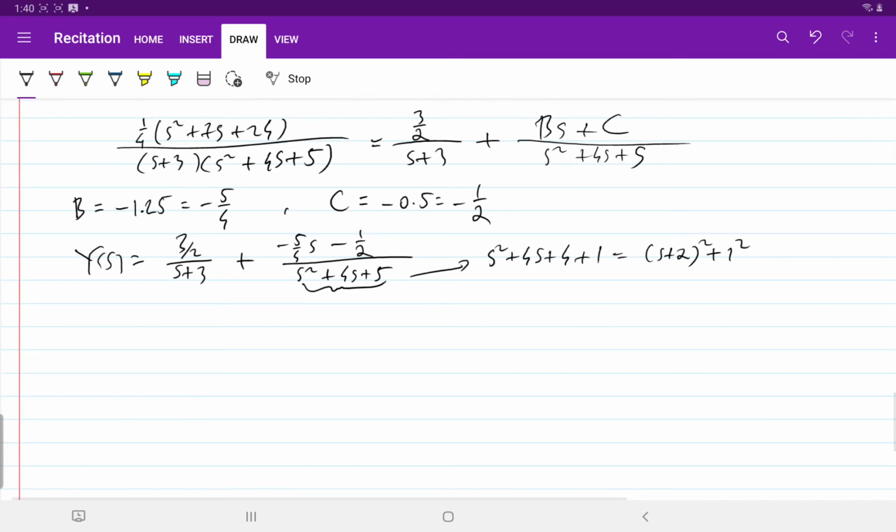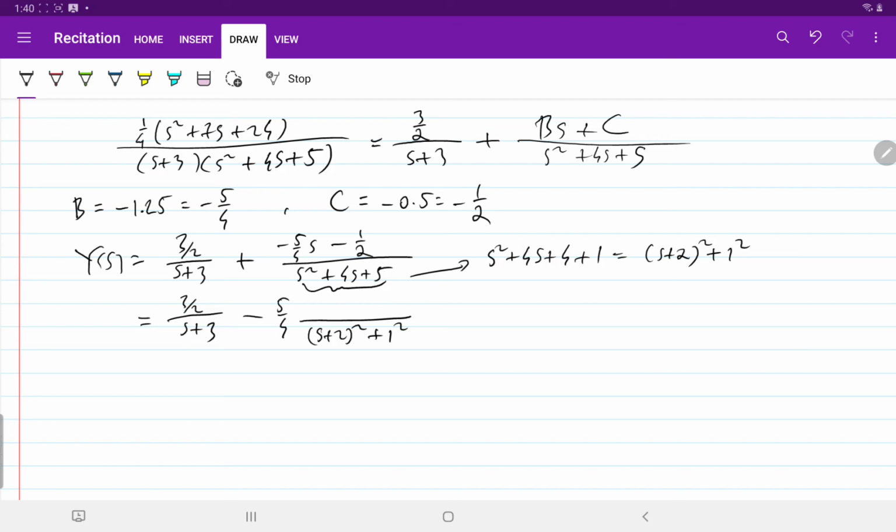Okay, so you have 3 over 2 over s plus 3. So let's rewrite this. You have minus 5 over 4, with the denominator s plus 2 squared plus 1 squared. And what about this term right here?